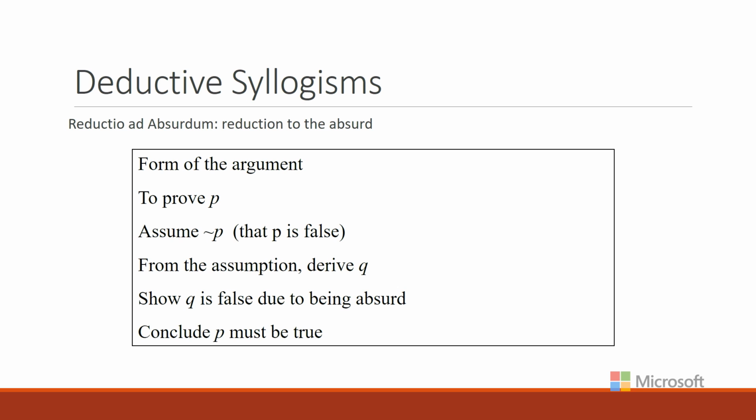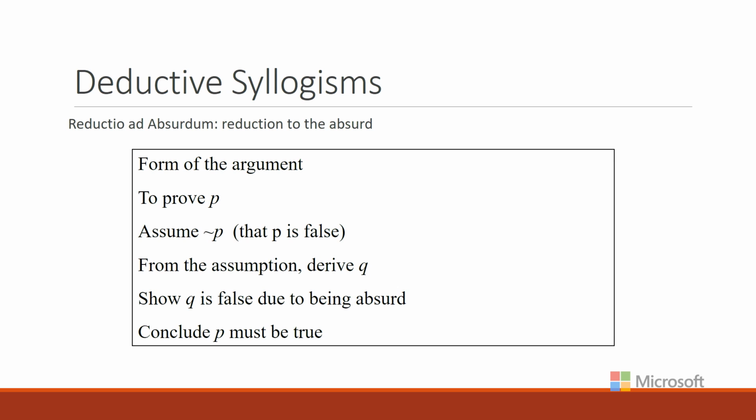All right? So let's suppose you want to prove proposition P is true. You assume its negation. You assume that not P is true or that P is false. Okay? Remember, your goal is to prove P, but you're going to start by assuming that P is false. From that assumption, you derive another proposition. And that proposition has to be false because it's absurd.